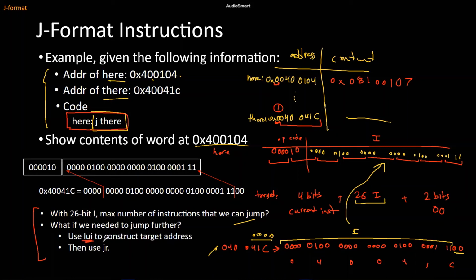You construct your full address in a register, and then you use a jump register, giving it that register, and then you can jump to that location. We saw an example of this maybe 3 or 4 weeks ago.